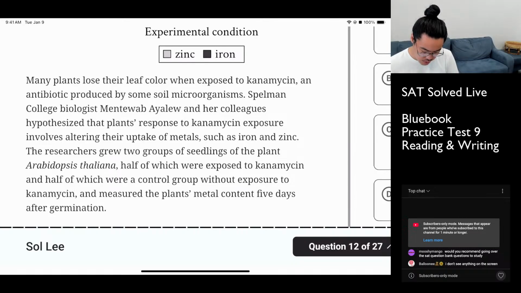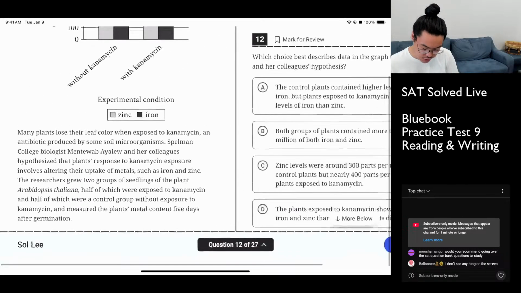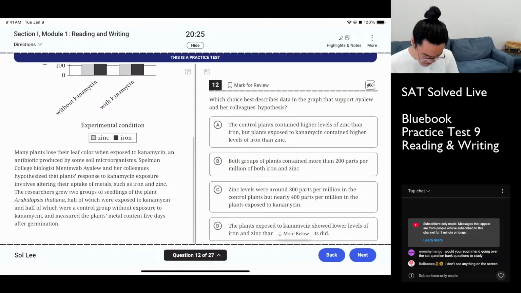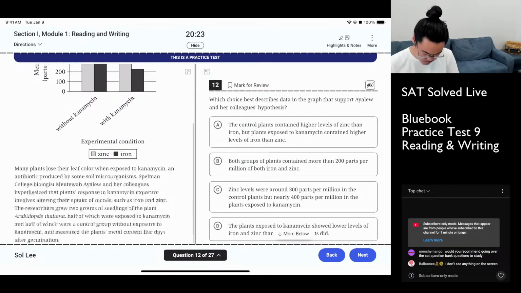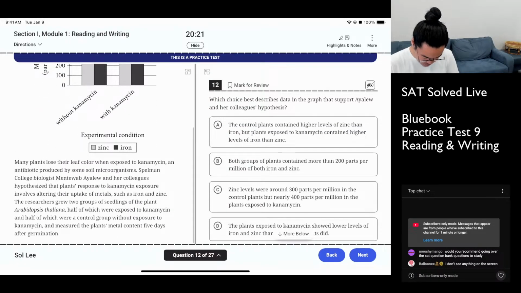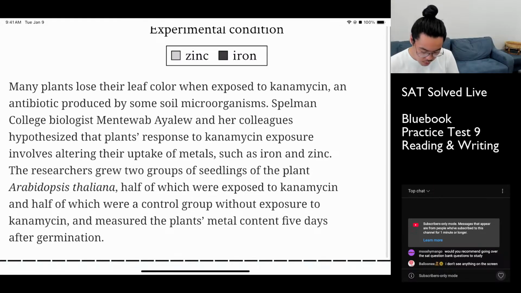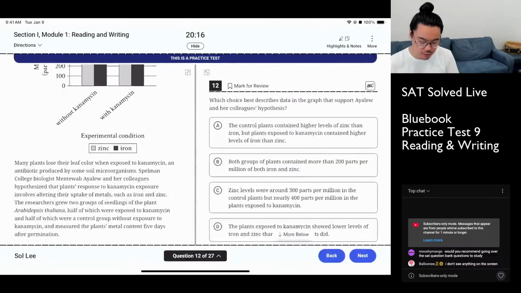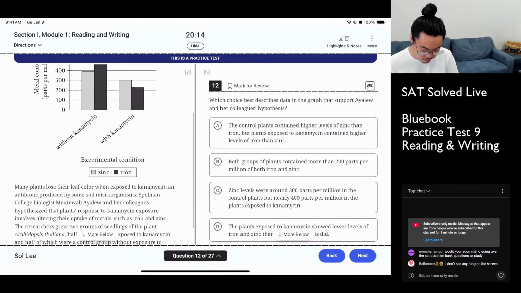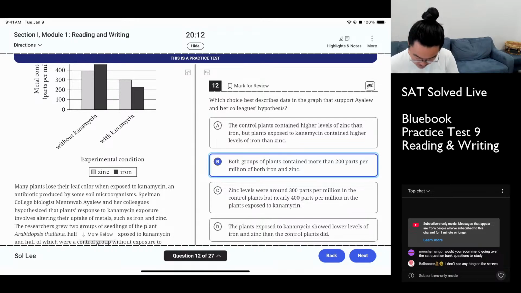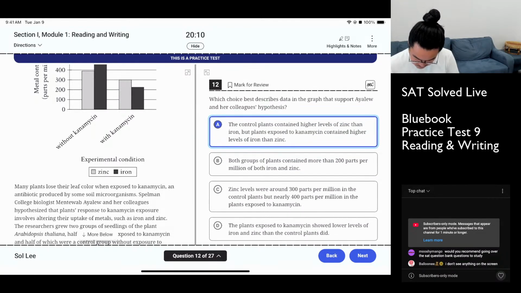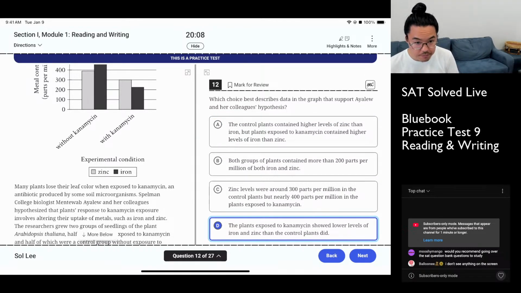And they measured the content 5 days after germination, so this is 5 days afterwards. So they found that the hypothesis, which we are supporting, that it involves altering the uptake of metal. It actually decreases the uptake of metal, of both zinc and iron. Both. So the experimental plants had less iron.